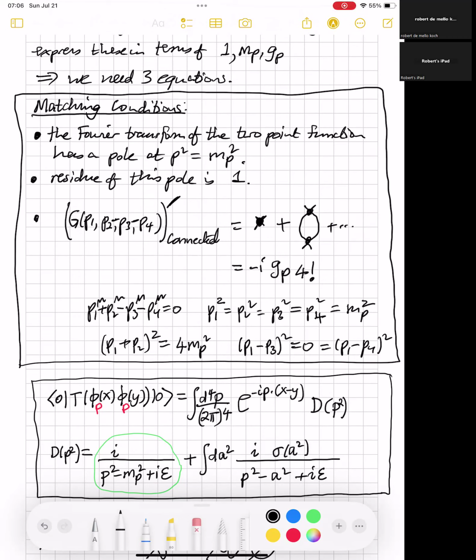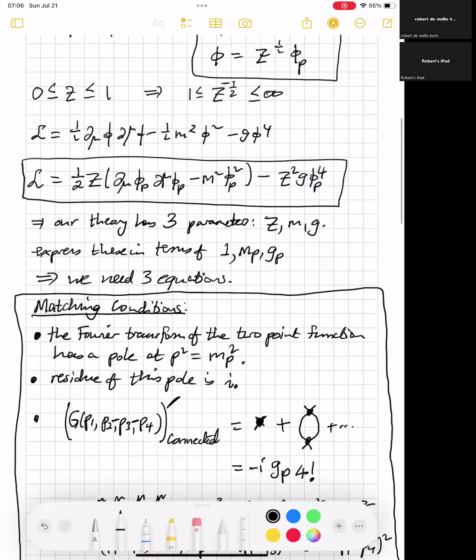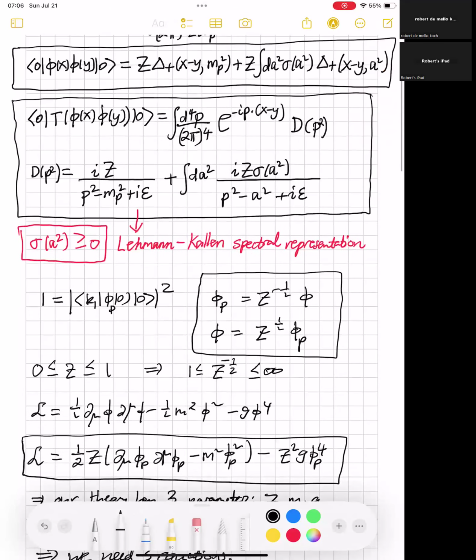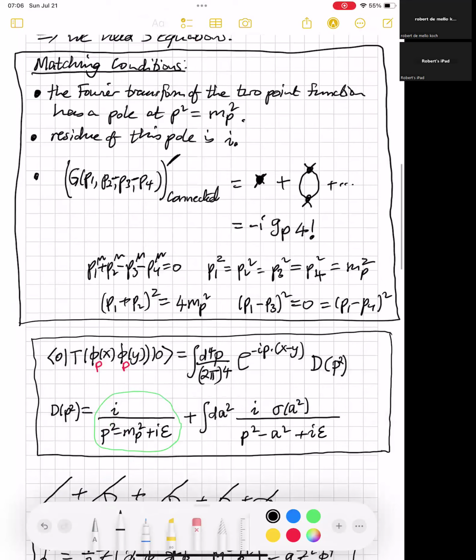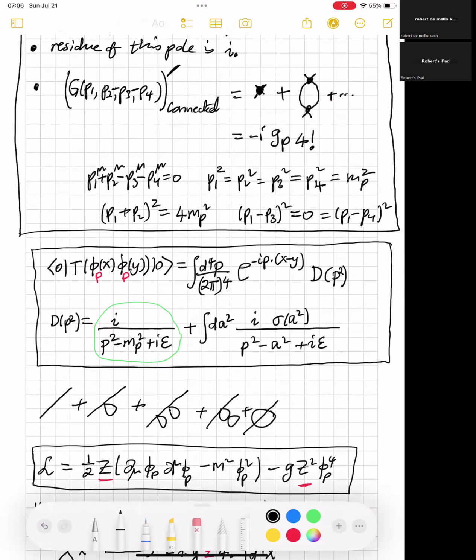So at that position that the experimentalist has measured as the mass squared, make sure that the residue of this pole is I. That I doesn't look very good, so let's make that residue I. And we read both of those, by the way, off of the renormalized propagator, which you see lined in green. It's got a pole at P squared equal to MP squared and a residue of I.